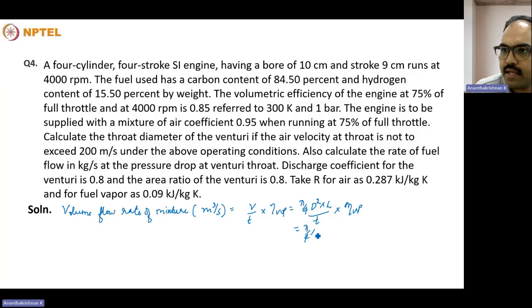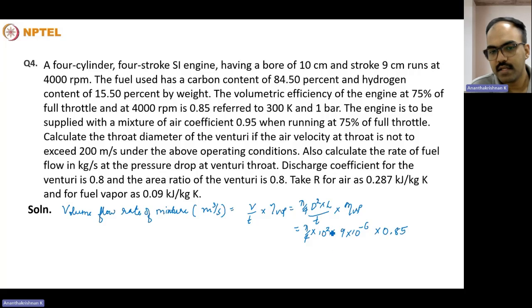This is equal to π/4 into diameter, which is 10 centimeter, so 10 squared, into length 9, multiplied by 10 to the power minus 6, that is the cube of 10 to the power minus 2, for centimeter to meter conversion. Multiplied by volumetric efficiency 0.85.